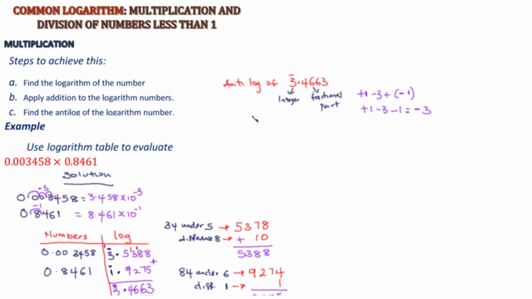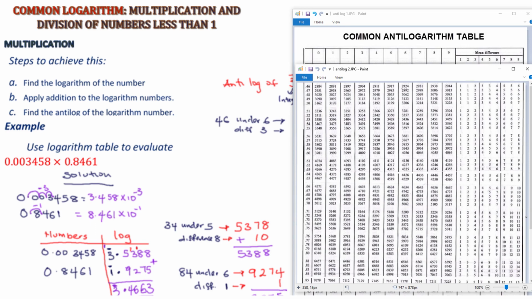Now for antilog, we only use the fractional part, and that will be 46 under 6, difference of 3. Now we are going to open our antilogarithm table to get the value for this. 46 under 6, this is it: 2924. In difference of 3, 2.